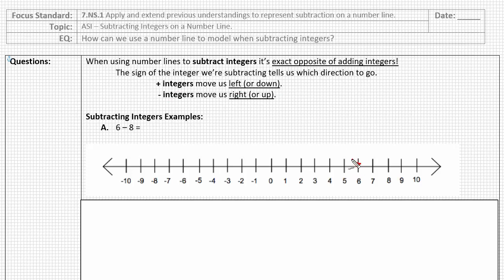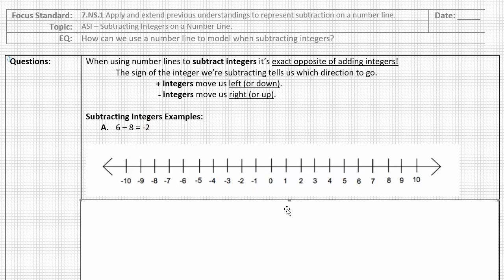So we're going to go 1, 2, 3, 4, 5, 6, 7, 8 in the left direction. And we ended right here at negative 2. So 6 subtract 8 equals negative 2.